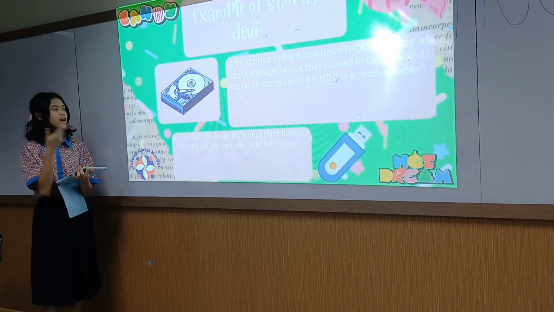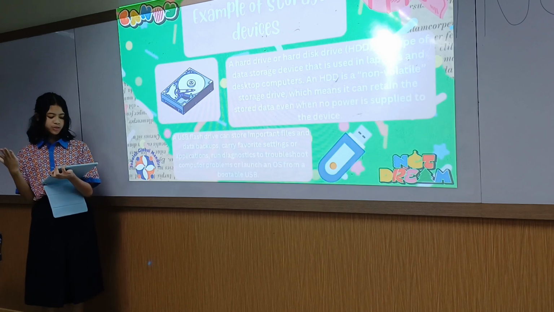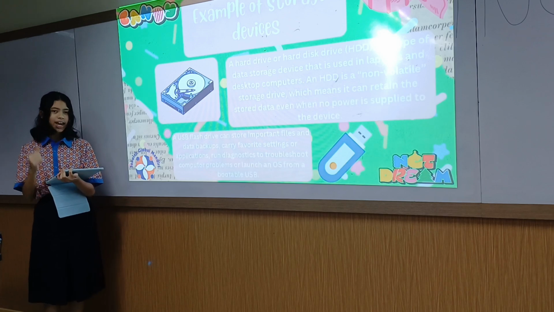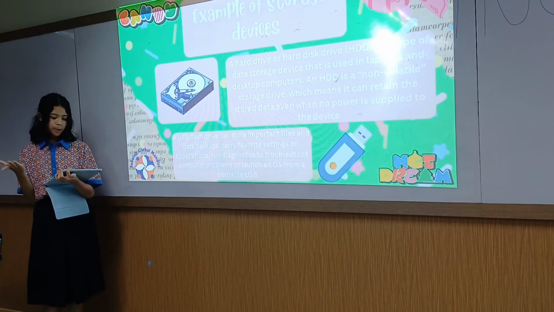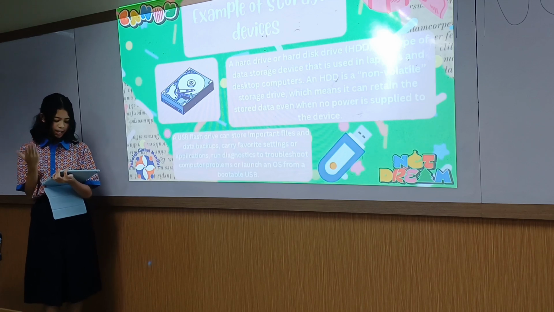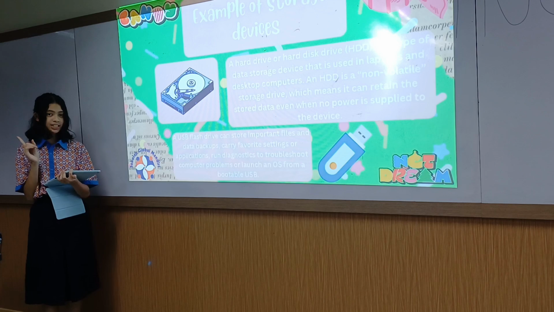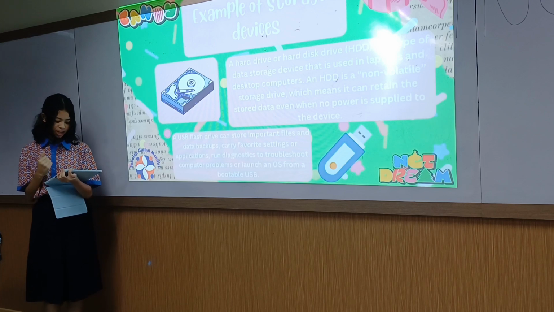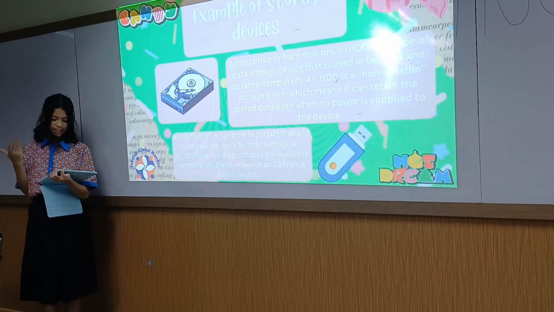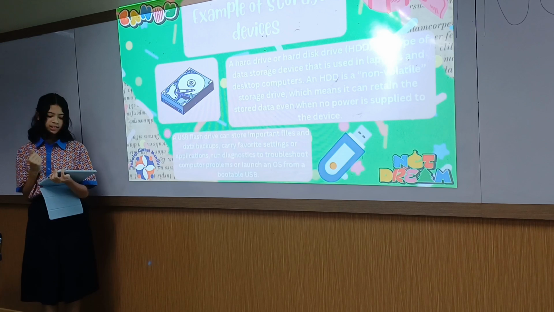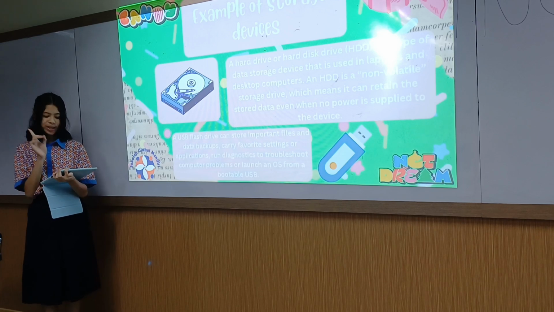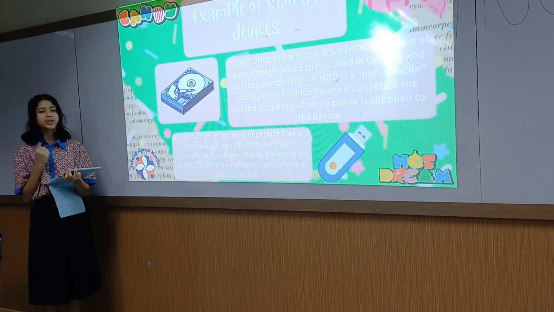These are examples of storage. First one, a hard drive or hard disk drive, HDD. It's a type of data storage device that is used in laptop and desktop computers. HDD is a non-volatile storage drive, which means it can retain the stored data even when no power is applied to the device.